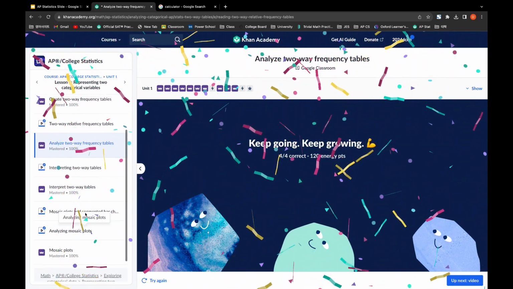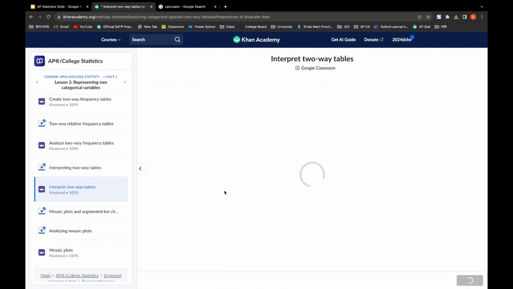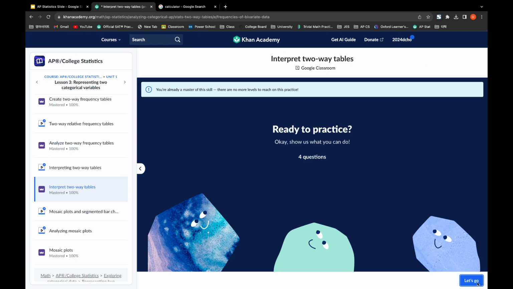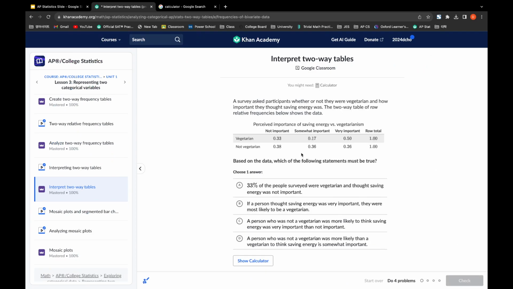Okay. Let's try one more practice and then wrap this up. So, a survey asked participants whether or not they were vegetarian and how important they thought saving energy was. The two-way table of raw relative frequencies below shows the data.